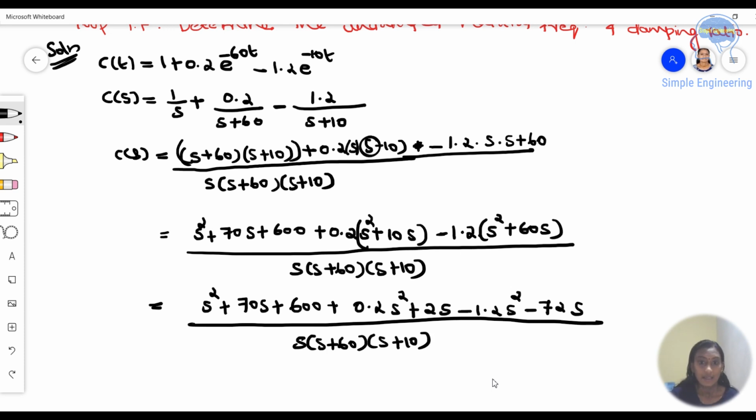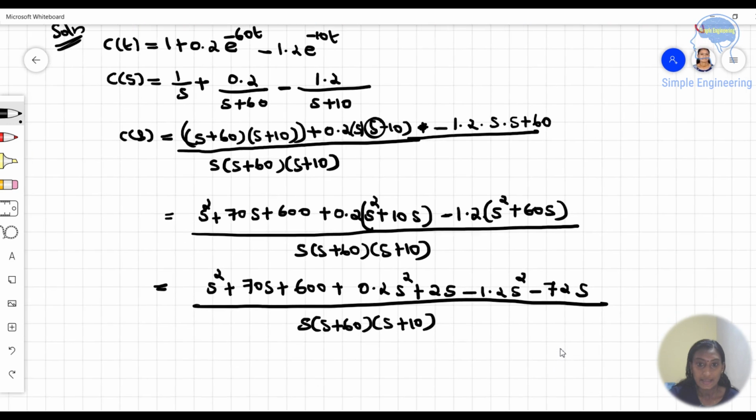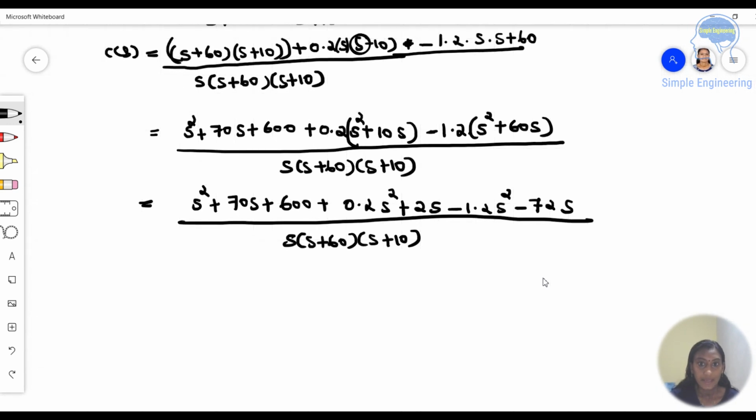Here we can simplify this. s square is there, here 0.2 s square, here minus 1.2.